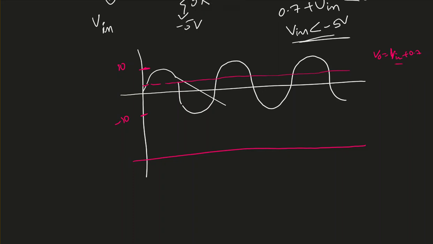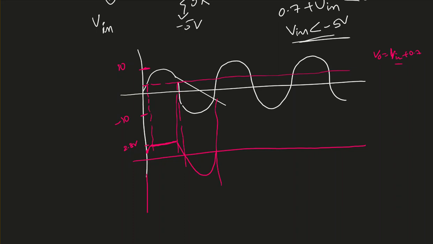If the input is 0, my output is 0.7, up to 1.8 volt. So my waveform is going to start at 0.7 and continue until we reach 1.8. This is 2.8 volt, sorry, I mean that's 1.8. Now it's going to clip at 2.8 volt and then it's going to follow the waveform.